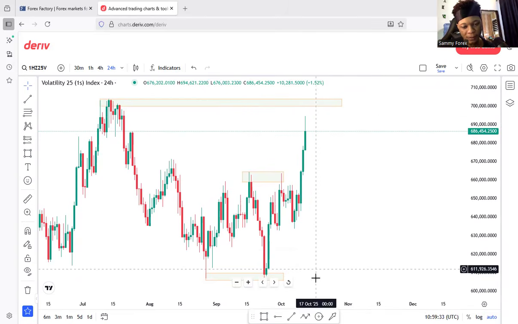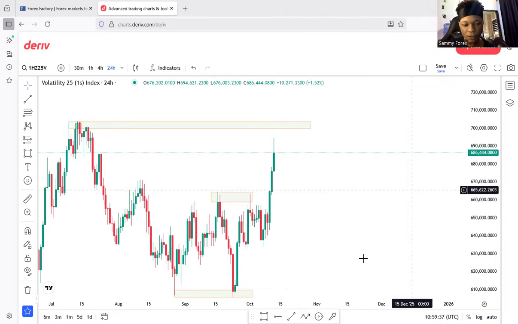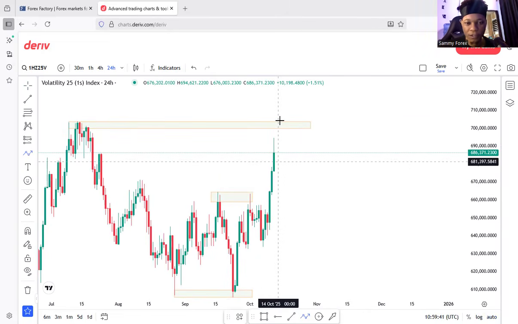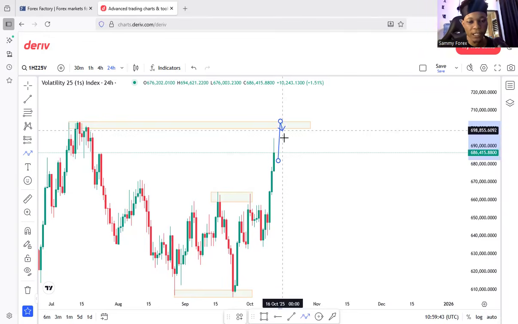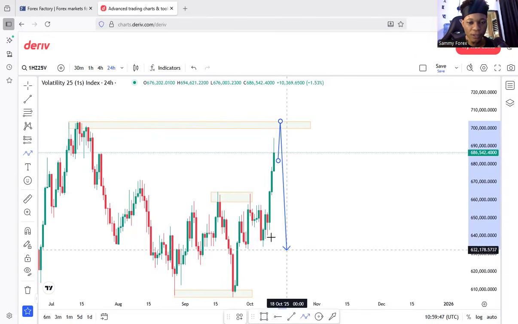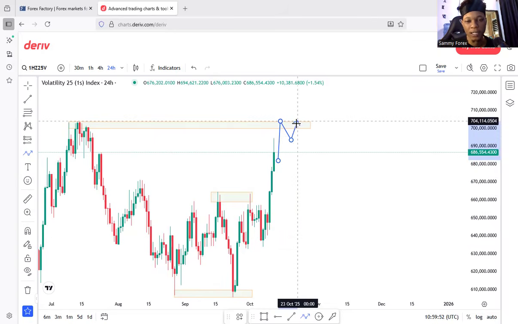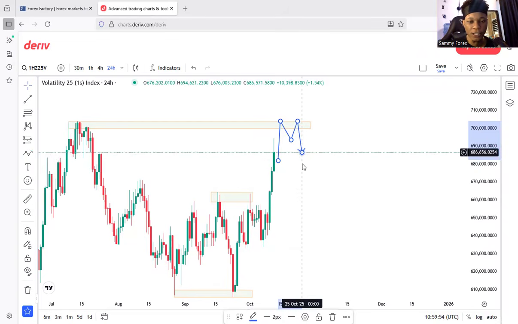So what I'm now expecting is that if price comes back here and gives me confirmation that it wants to reject, I'm selling down to this particular low that caused this impulsive move. If price comes back here, gives me confirmation, pulls back, comes back again, pulls back, and then takes out the recent low that will be created here, I will know that that is a change of character.